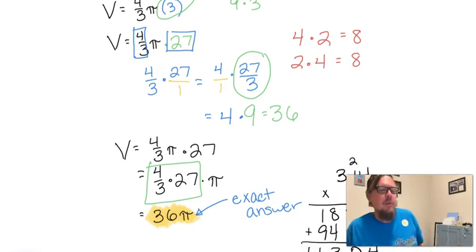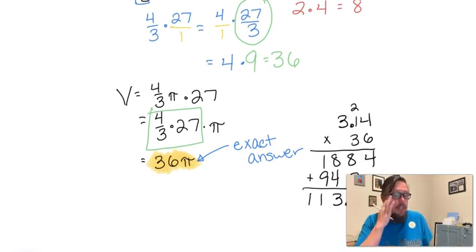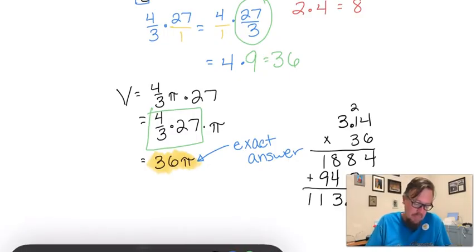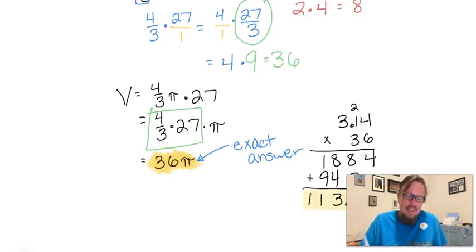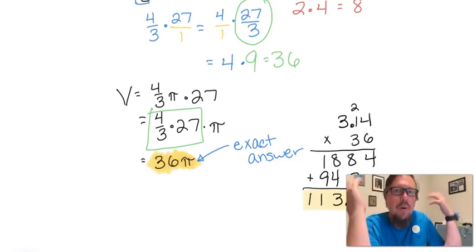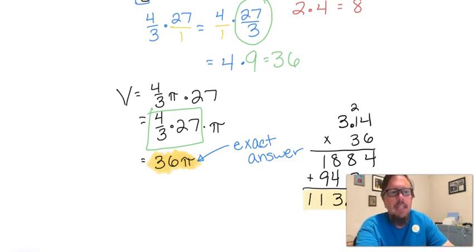I was talking while I was doing that, so hopefully my multiplication is correct. You can double check me, make sure I multiplied that right. 113.04 is a perfectly good estimate for what it is, but it is just an estimate. So if I want to know exactly what the answer is, I write 36 pi. And if I want an approximate answer, I write 113.04, assuming I multiplied all that correctly.